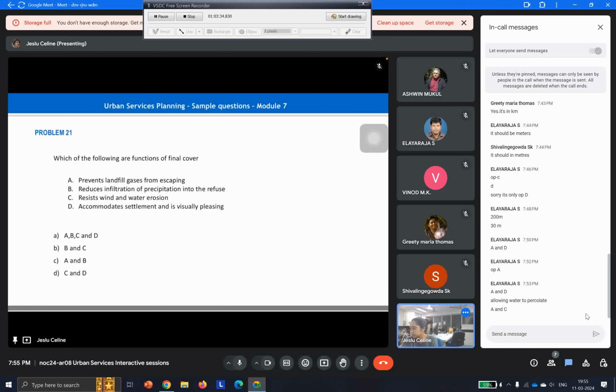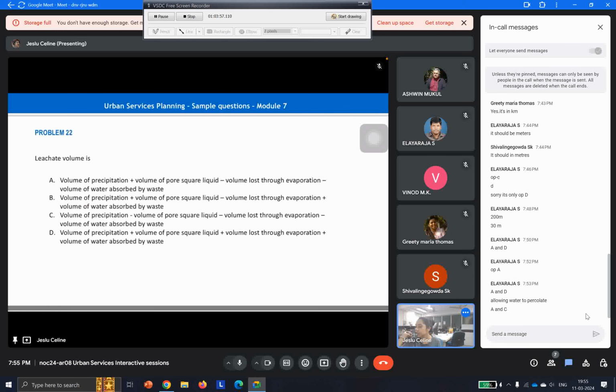All of them? Yes, because it prevents landfill gases. Reduces infiltration, because your vegetative cover reduces the infiltration of precipitation into the refuse. Then we resist wind and water erosion and accommodate settlement and is visually more pleasing. So yes, all of them. Let's proceed on to the next question.